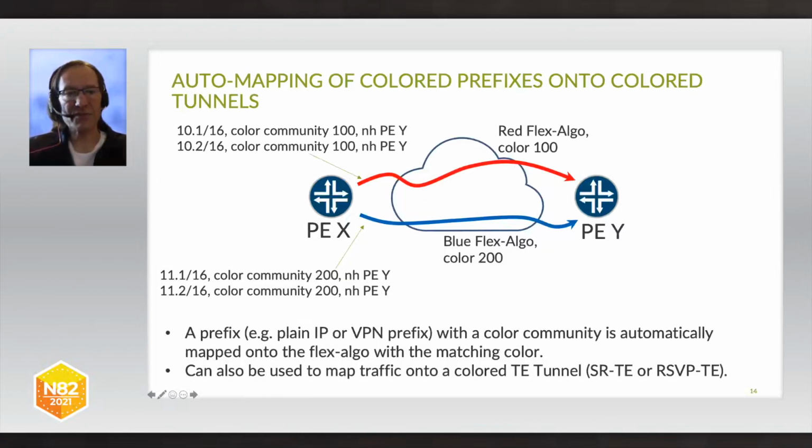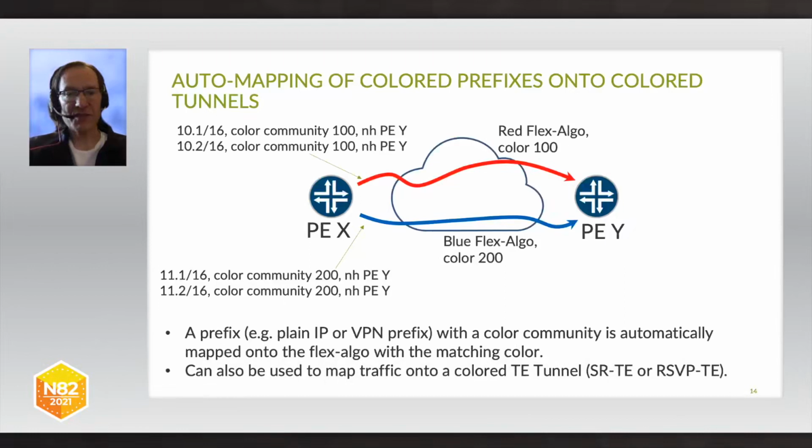So that traffic's launched onto the red flex algo, while traffic within the prefix, let's say 11.1/16, that's got color community 200 attached to it, gets automatically mapped onto the blue flex algo because that's got color 200. So as you can see, the colors are a convenient way of auto mapping. Traffic with a given color community is mapped onto the transport that's got that same color.